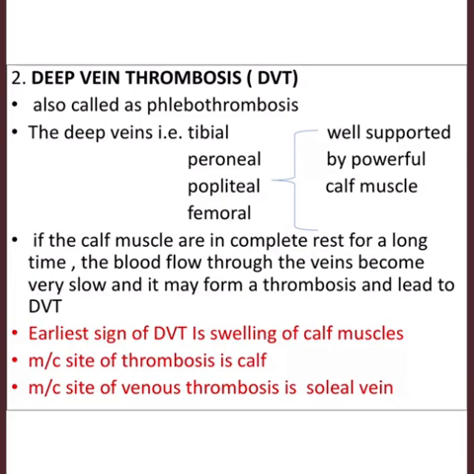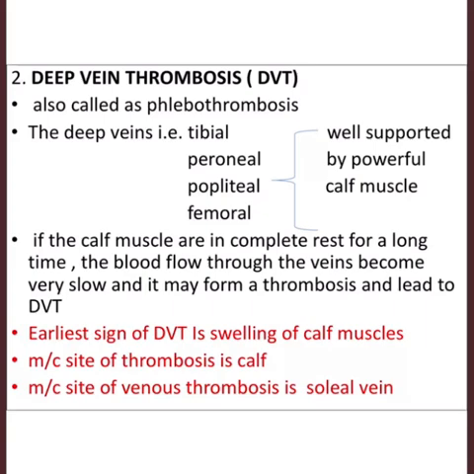If the calf muscles are at complete rest for a long time, the blood flow through these veins becomes very slow, and it may form a thrombus and lead to DVT, like in a post-traumatic condition where the patient has the leg put into plaster and is lying down for weeks. Then there will be no muscle contraction in the leg, so the vein can be thrombosed.